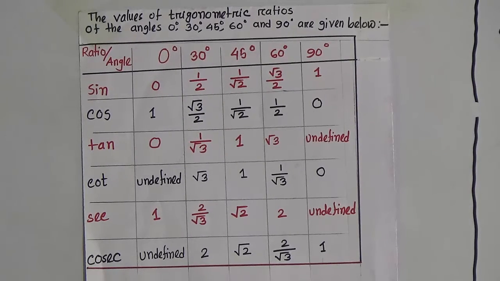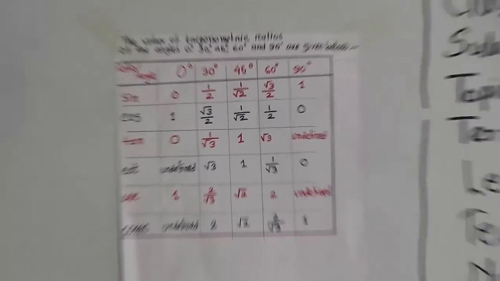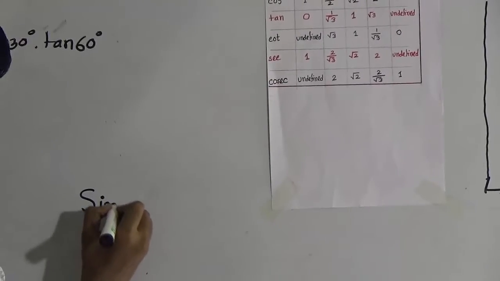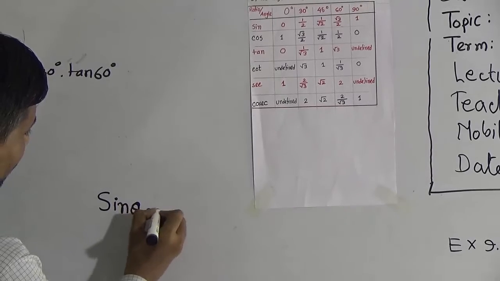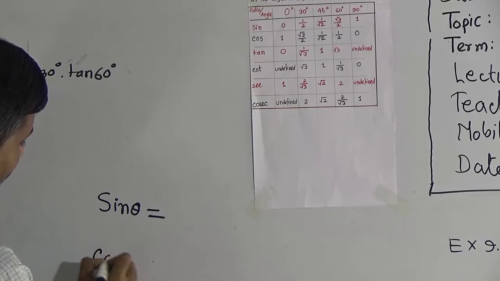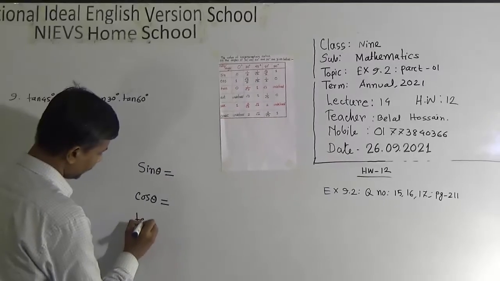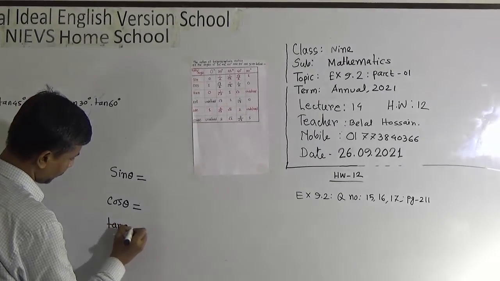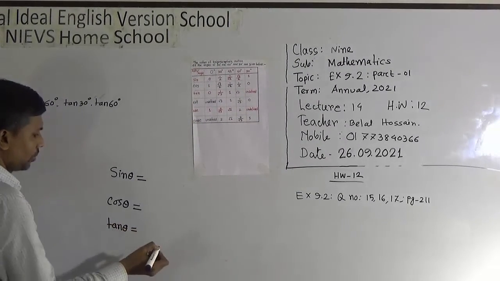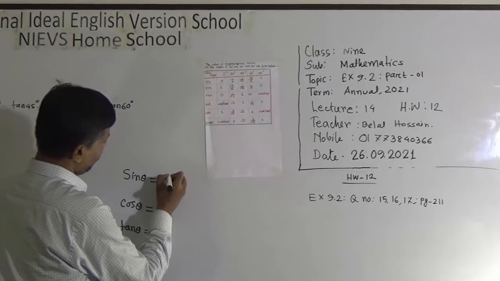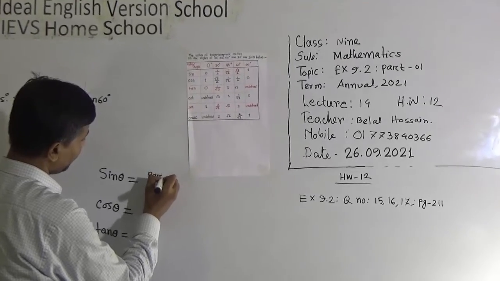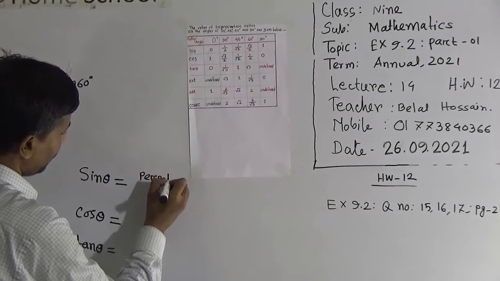Okay, student? You know, so sine theta equal to what? Sine theta, then cos theta, then tan theta. Perpendicular by hypotenuse.